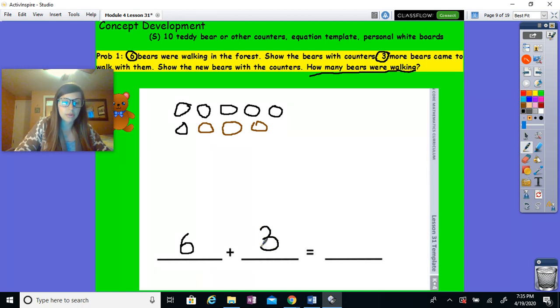Backwards C, backwards C. Now that's a 3. 6 plus 3 equals how many there were all together. And we had counted 9 before, but let's just double check. 1, 2, 3, 4, 5, 6, 7, 8, 9. Yep. Circle in a straight line is 9.